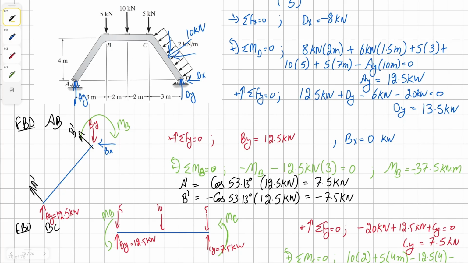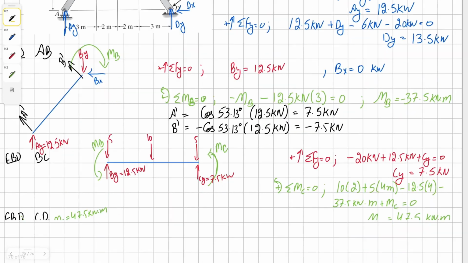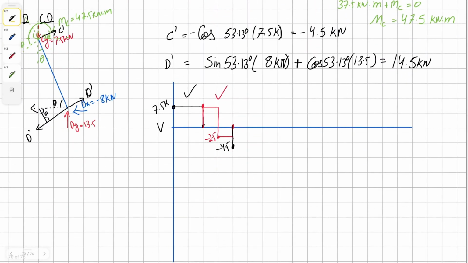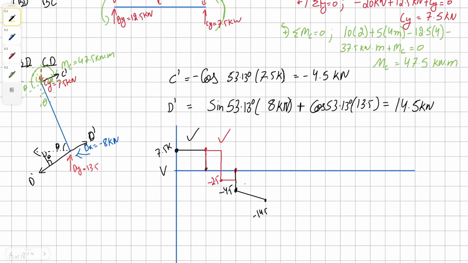So we have 4.5 down, and from there we're going to go down 10 kilonewton, which is going to be negative 14.5. It's going to be a first order curve over the distance of 5 meters, and from there we have our Dy, D prime, which is positive 14.5, and it'll bring us all the way up to 0. This means our calculations for this section were correct as well.